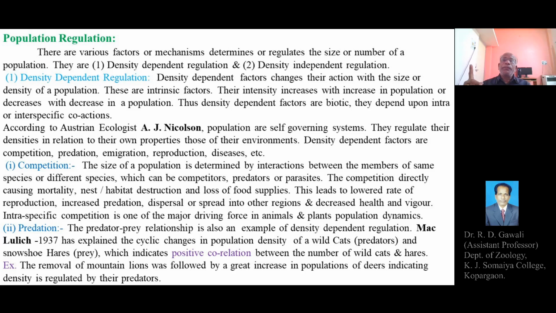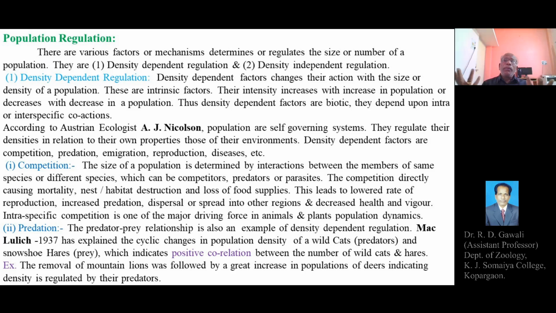Then reproduction. The rate of reproduction is also increasing or decreasing with increase or decrease of the population size or the population density. And also the diseases.